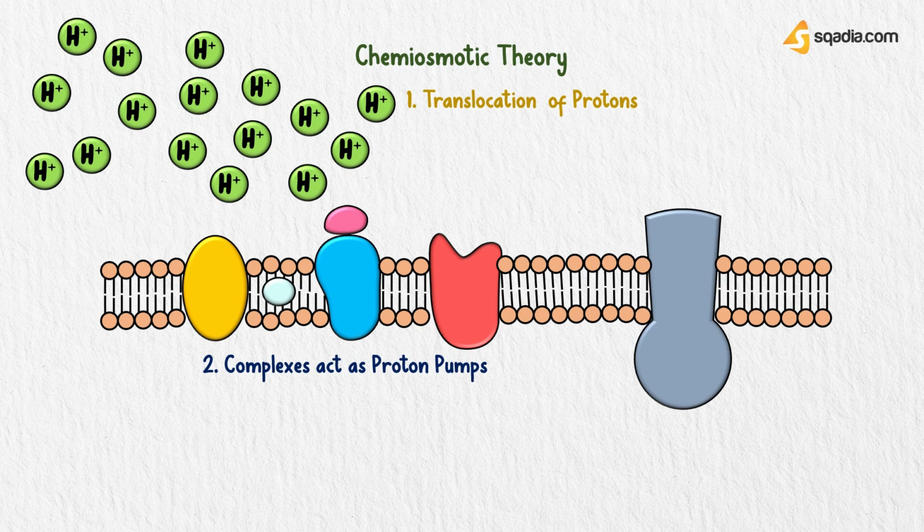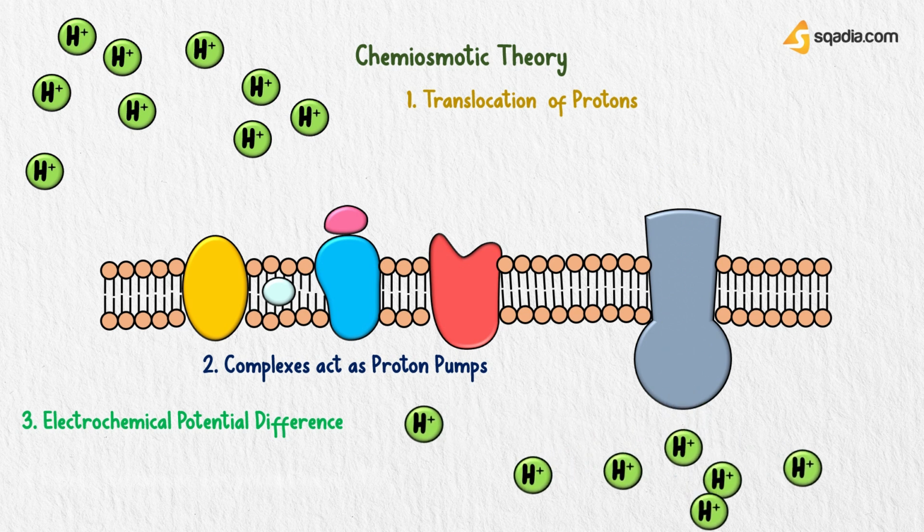The inner membrane is impermeable to ions in general, but particularly to protons, which accumulate outside the membrane, creating an electrochemical potential difference across the membrane. This consists of a chemical potential difference in pH and an electrical potential.